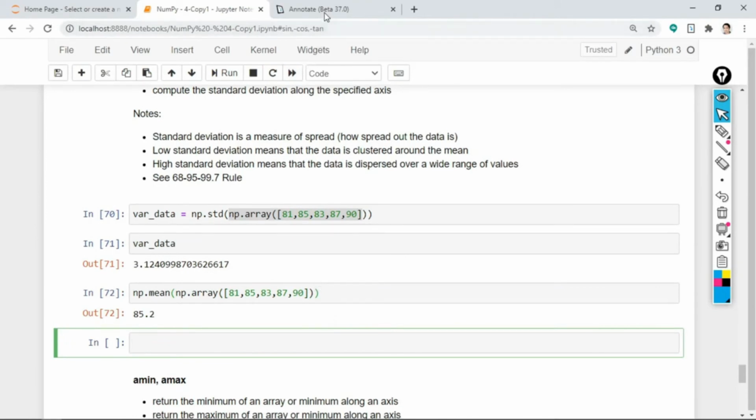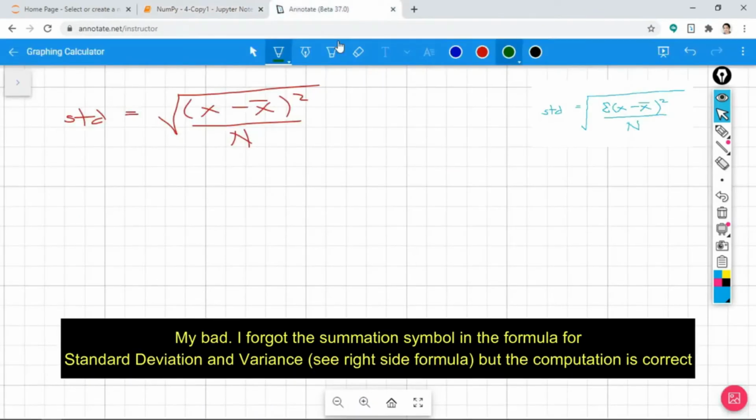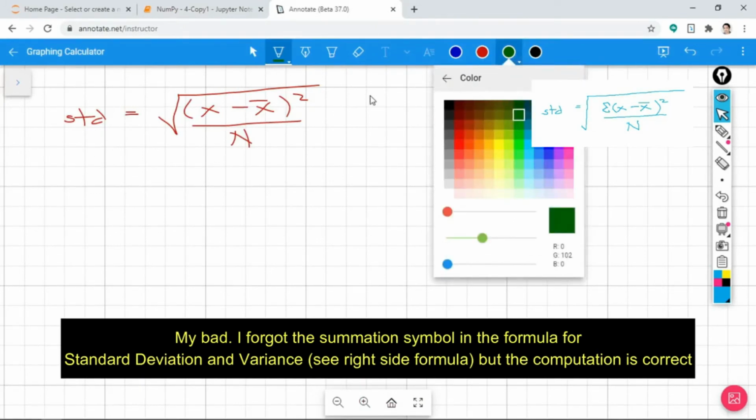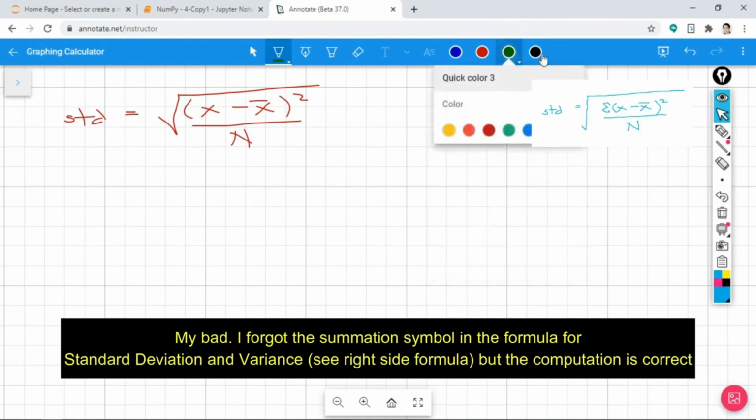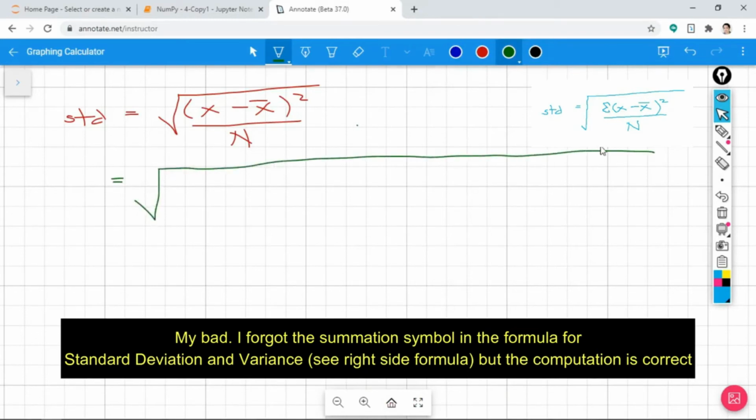So if we compute this manually, we have 81, 85, 83, 87, 90. Okay, we want to compute this manually, so let me demonstrate. So I think green is fine. Okay, so we have the equivalent of the square root, so that's a lot.